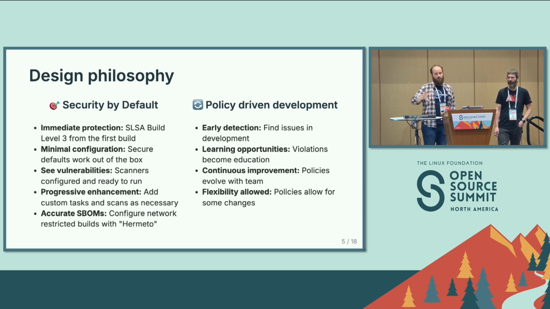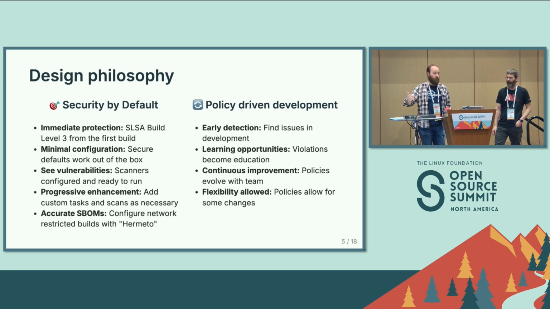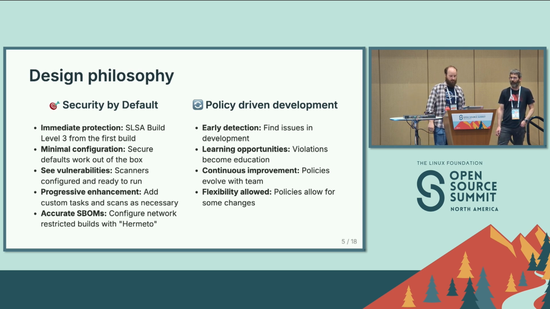That pipeline that we give you has scanners configured, ready for you to enable out of the box. That's antivirus, malware scanning, static analysis scanning as well. And so you can see the vulnerabilities that affect the software that you're building. That also gives you the ability to progressively enhance and fix these issues.